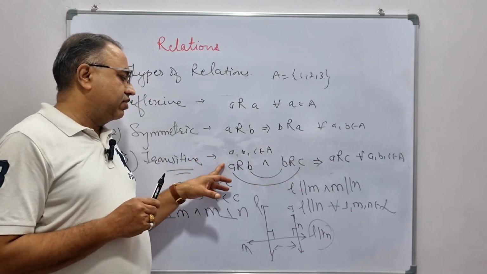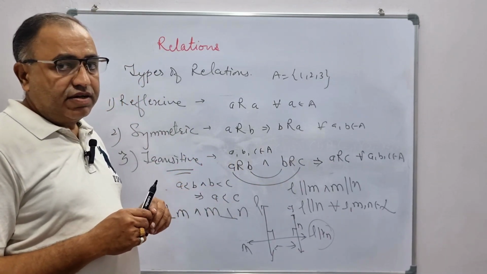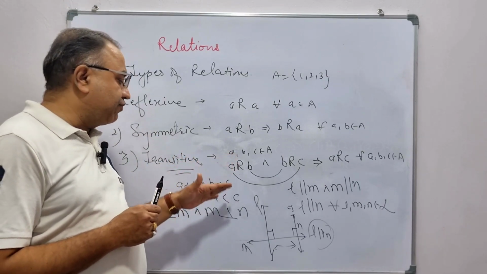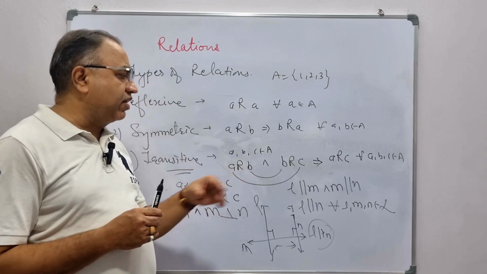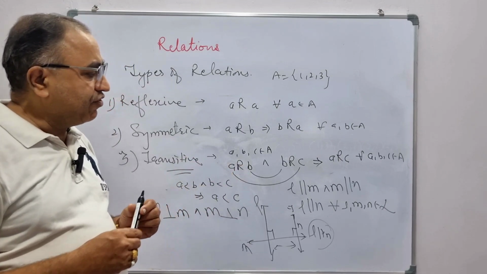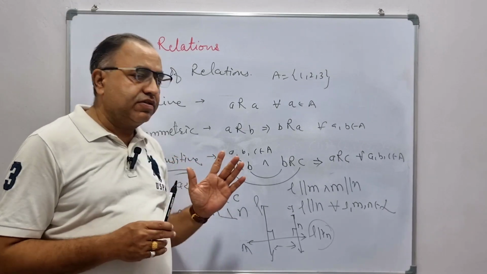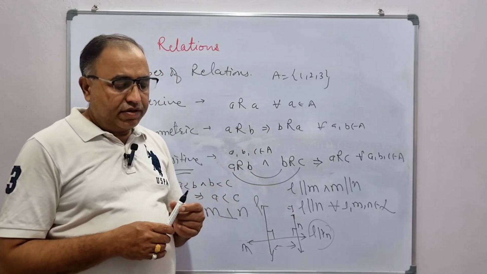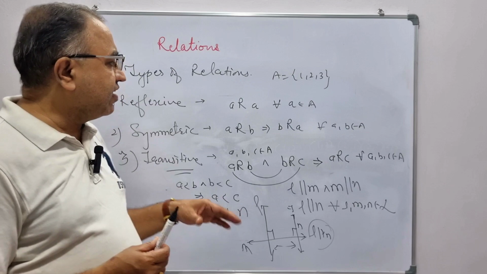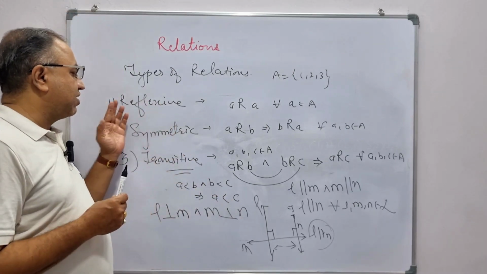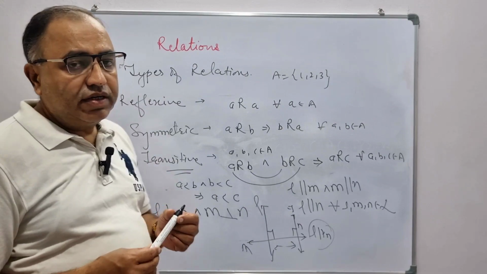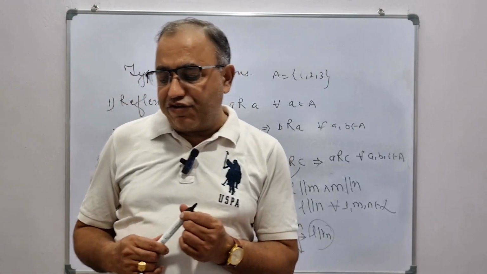For transitive, there are three different entries, so that A is related to B and B is related to C. If together it implies that A is also related to C, then we say that the relation is transitive. And if a relation satisfies all these three conditions, reflexive, symmetric and transitive, then it's called an equivalence relation.